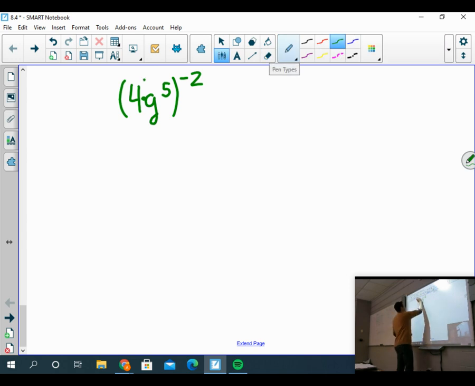Power to a power multiplies the exponents. If you don't see an exponent with the part of the product, write the exponent as a 1. So again, for product to a power, we distribute the exponent to each part of the product. Power to a power says multiply.